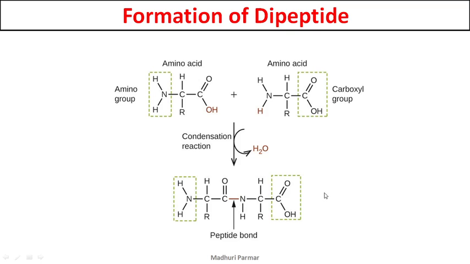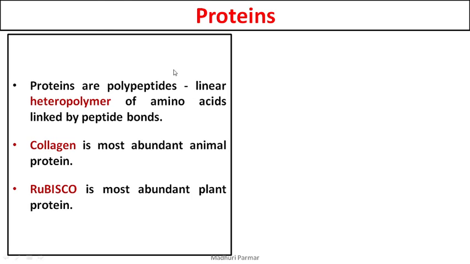Okay, fine. So after studying about amino acid and dipeptides, we come to proteins or polypeptide. Polymers of amino acid are called polypeptides. So proteins are polymers or polypeptides. They are linear, in a single line. They are not branched.